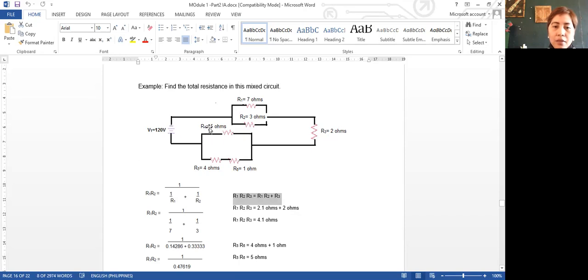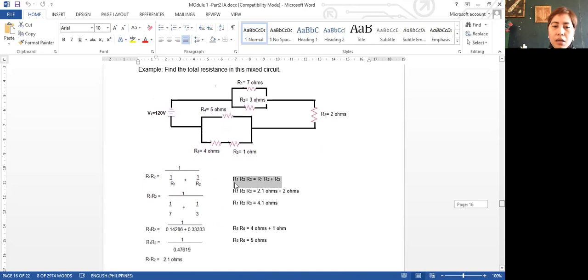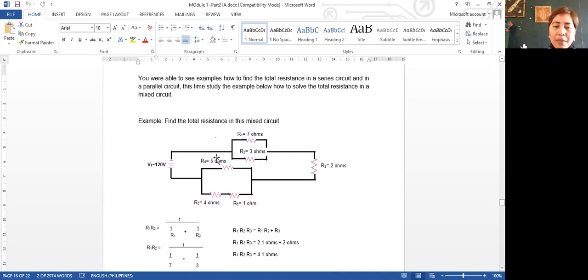So that's why we have here the 4.1, and then 5 ohms.